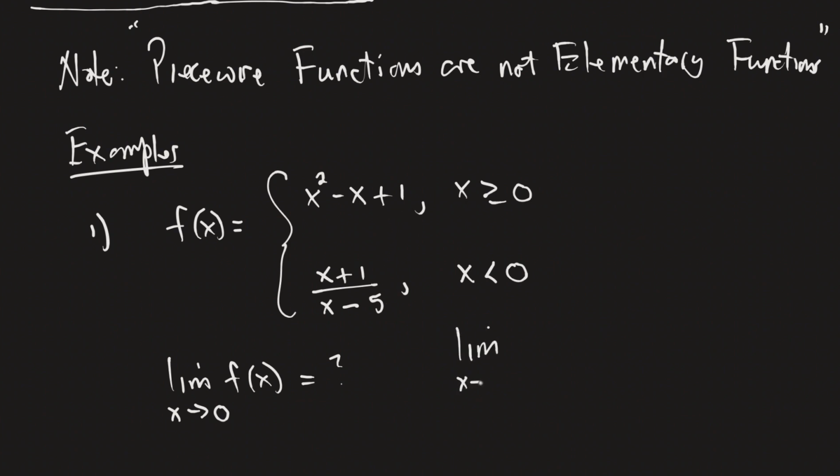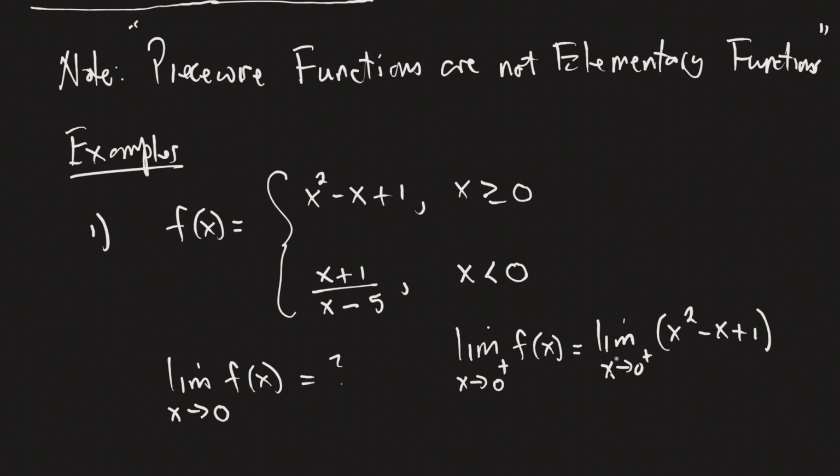So the limit as x approaches 0 from the positive side, well, that would be evaluating this piece. This would be the limit as x approaches 0 plus of the polynomial, x squared minus x plus 1, and that's because this is how f of x is defined when x is greater than 0. And that's what this notation means.